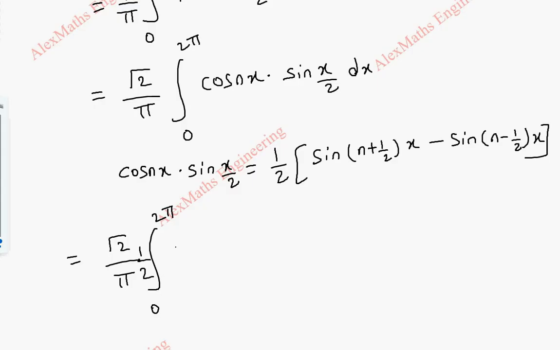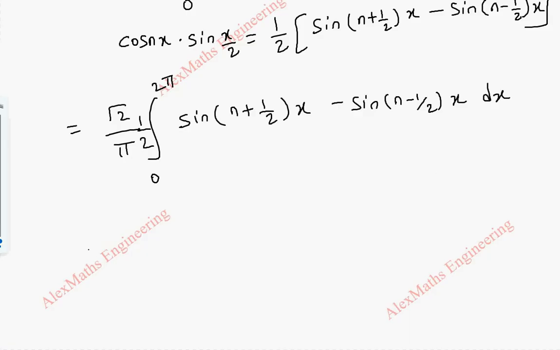So 1 by 2 is here, and we are left with sine of n plus half x minus sine of n minus half x dx. Now this is root 2 by 2 pi.